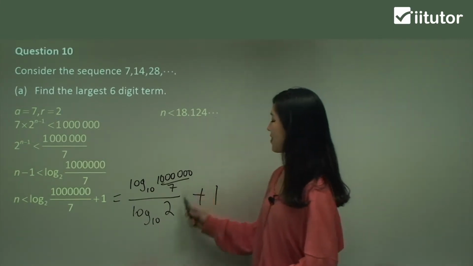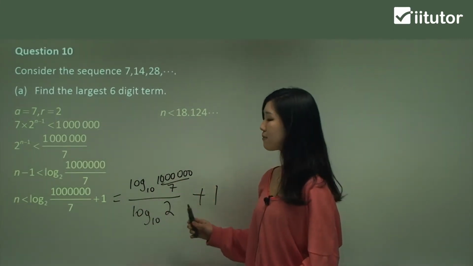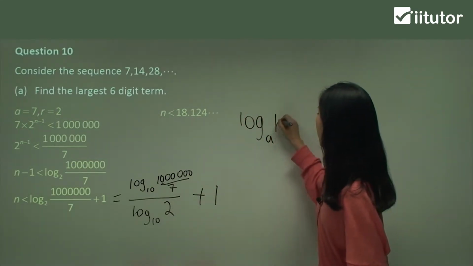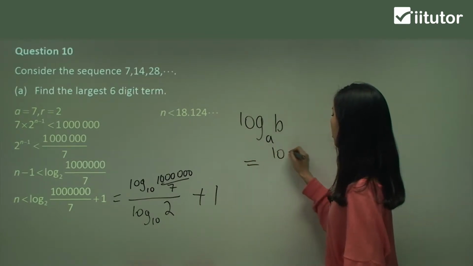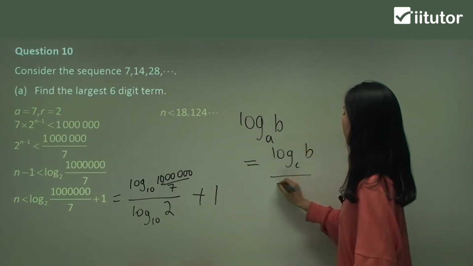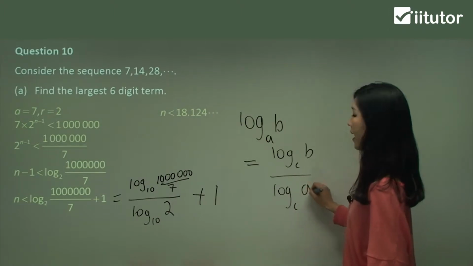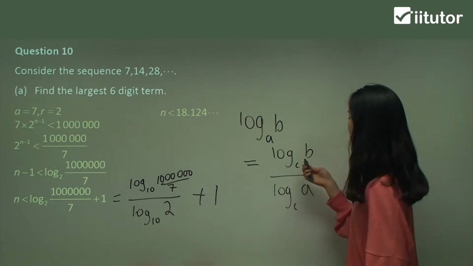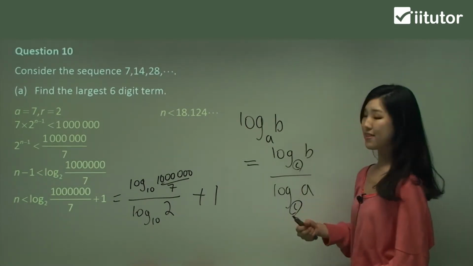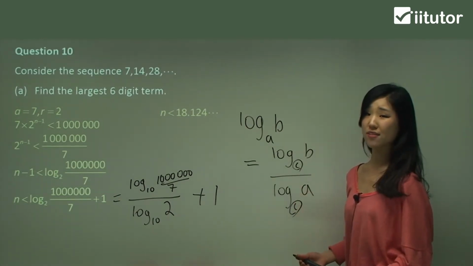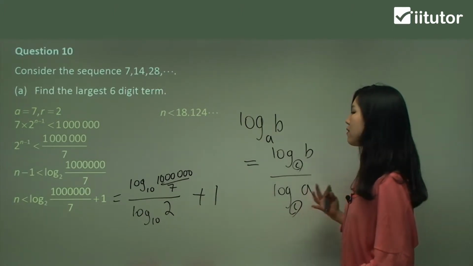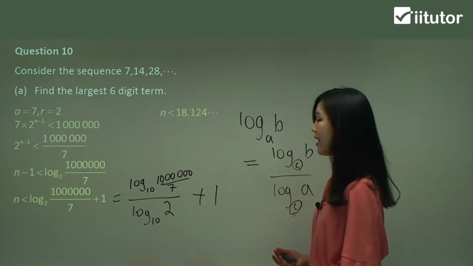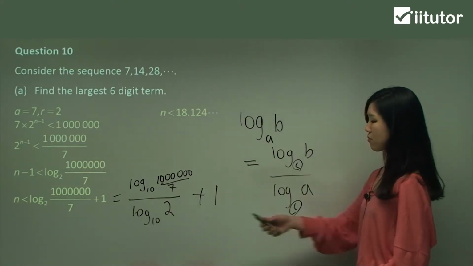So this part, how did I get this? Guys, remember the rule? Log a b can be changed to log c b over log c a. You can make it into a fraction like this and separate your b and a as long as you make the base c the same on top and bottom. I hope you remember this as well. If you think this is totally new, you must go back to your logarithm section. Now I'm going to apply this rule onto here.